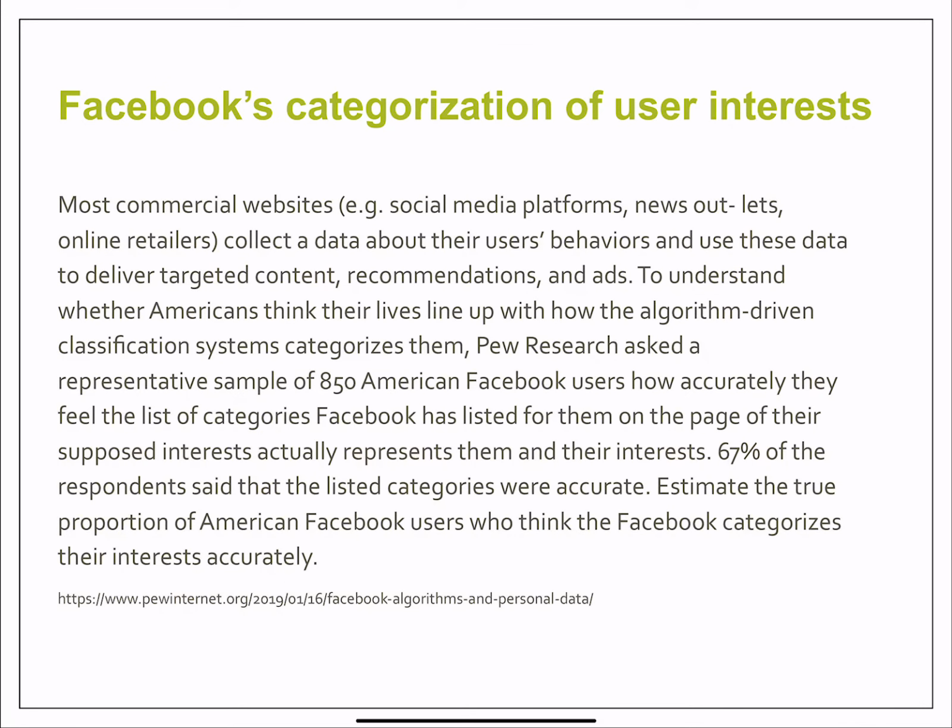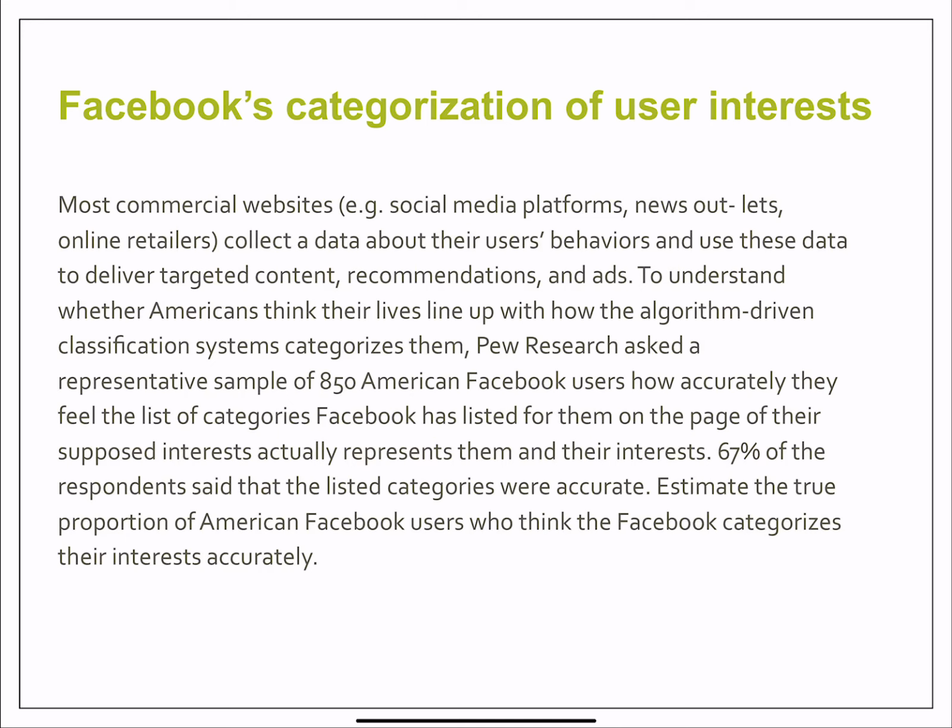So here's an example, and I'll read the whole thing. It's not that long. Most commercial websites collect data about users' behaviors and use these data to deliver targeted content, recommendations, and ads.